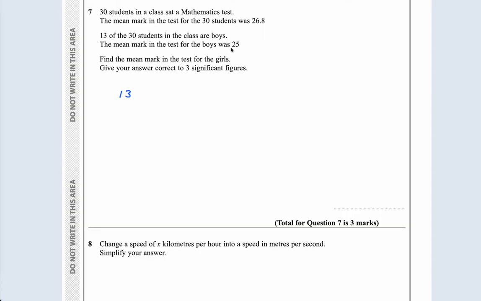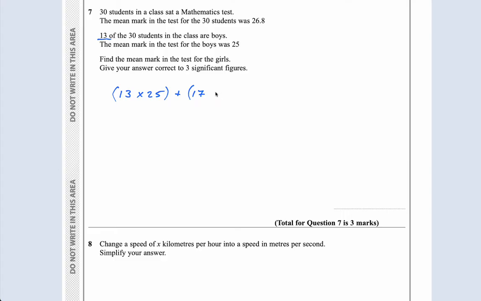Assume all the boys got 25. So 13 times 25, because that will give me the total number of marks. If you added up all the boys' scores, you would get 13 times 25, because that's what the mean is. Then we're going to add all the girls' scores. How many girls are there? Well, there's 17, because if there's 13 boys, there's 17 girls.